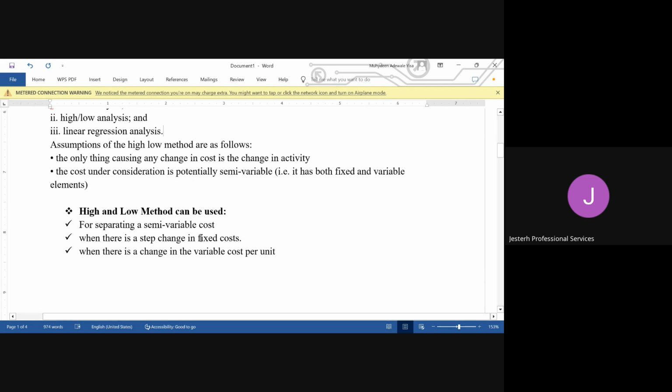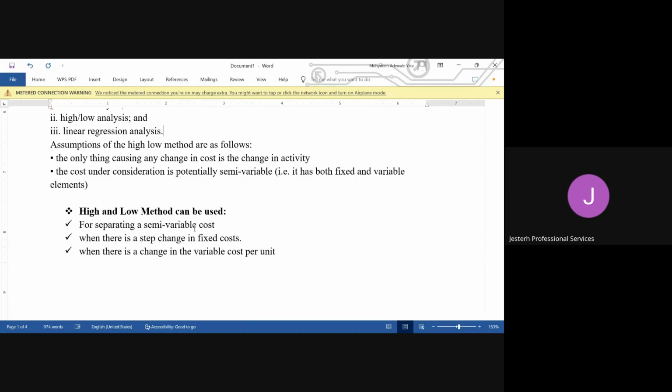Now you can see the high and low method can be used for separating a semi-variable cost. And then we can also use it if there is a stepped change in fixed costs. We also discussed step fixed costs, where there is a change in the fixed cost over a period of time, due to the level of activities.